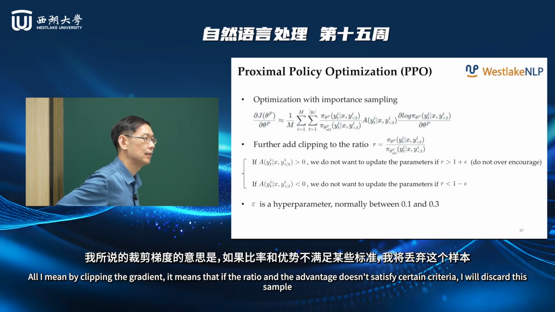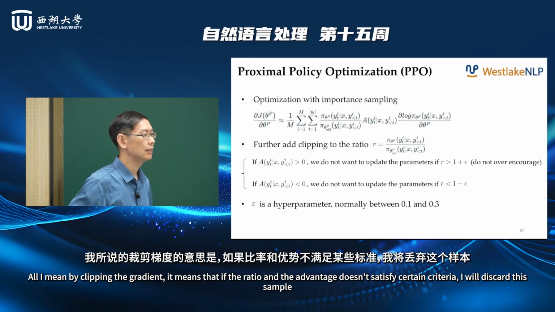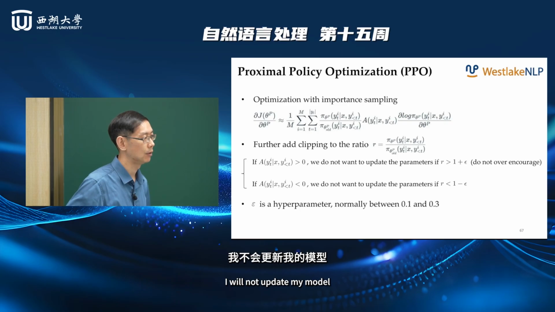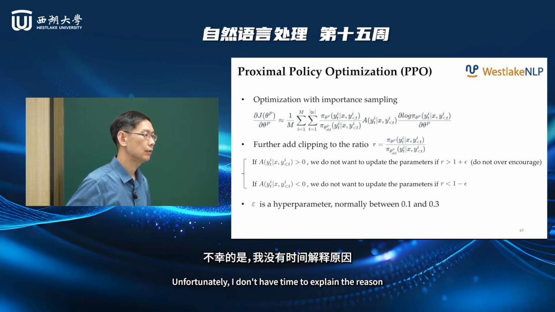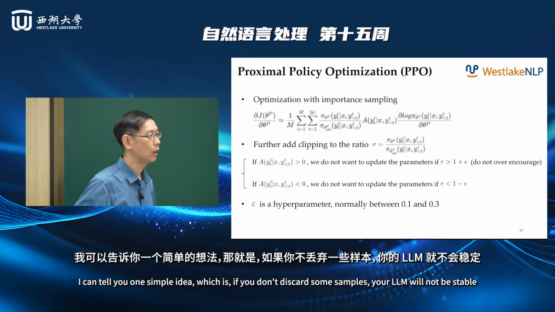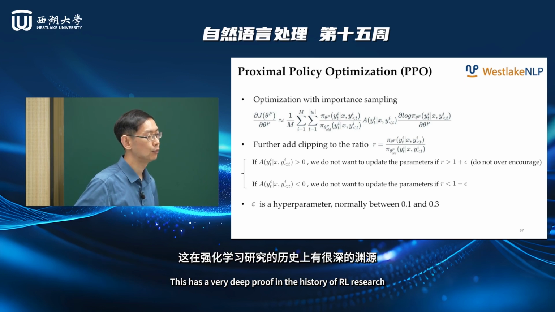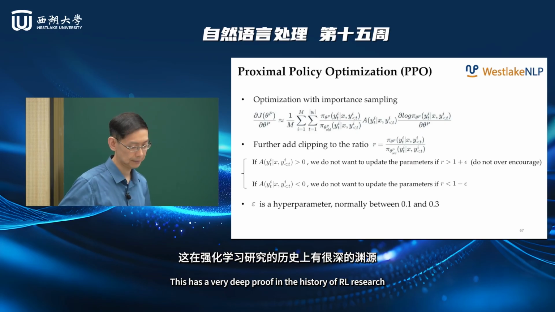It means that if the ratio and the advantage don't satisfy certain criteria, I will discard this sample. I will not update my model. Unfortunately, I don't have time to explain the reason. I can tell you one simple idea: if you don't discard some samples, your RL will not be stable. This has a very deep root in the history of RL research.